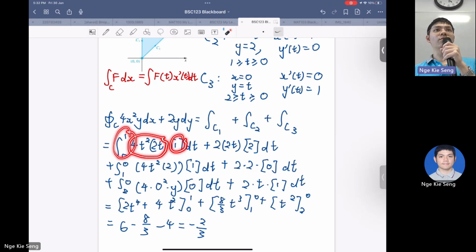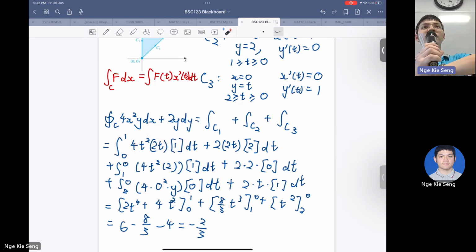And then the range of the integration domain. Any questions?